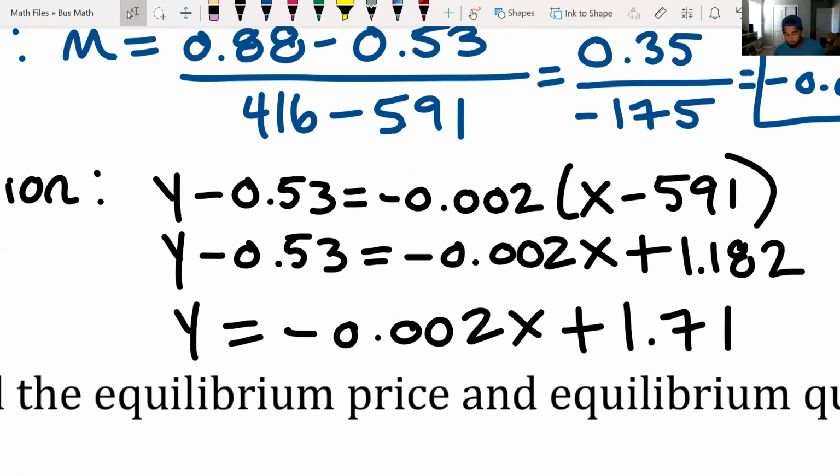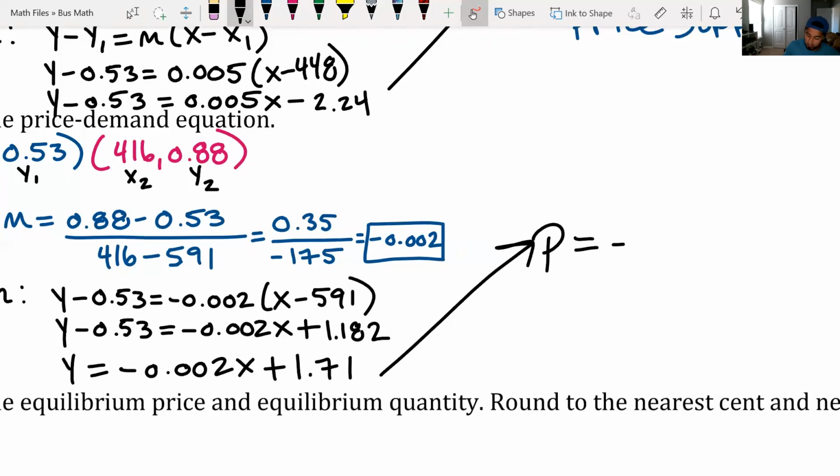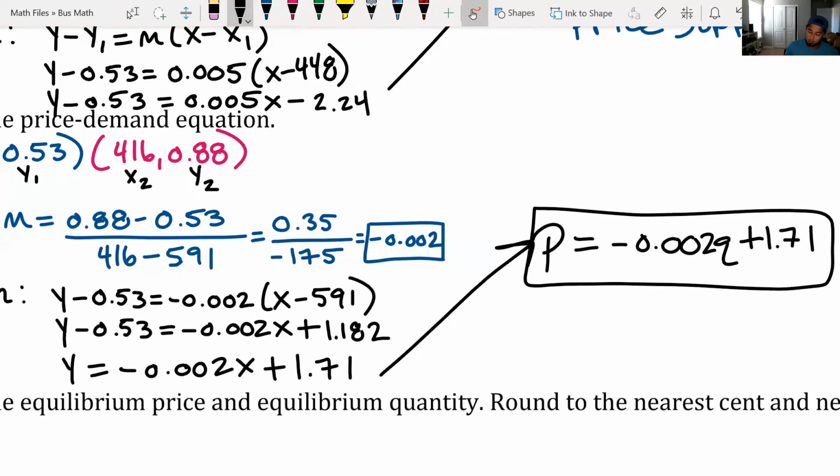Okay, almost got it. Put it in terms of price and quantity. So P equals negative 0.002Q plus 1.71. There's your price demand.